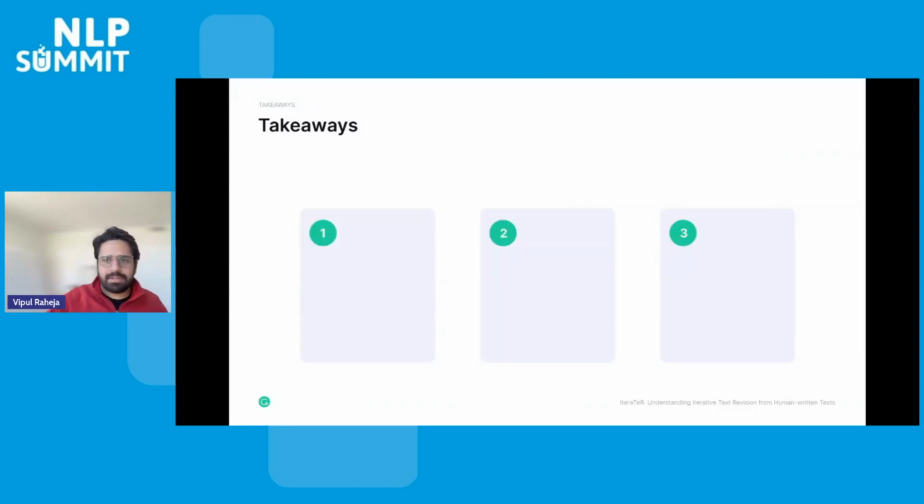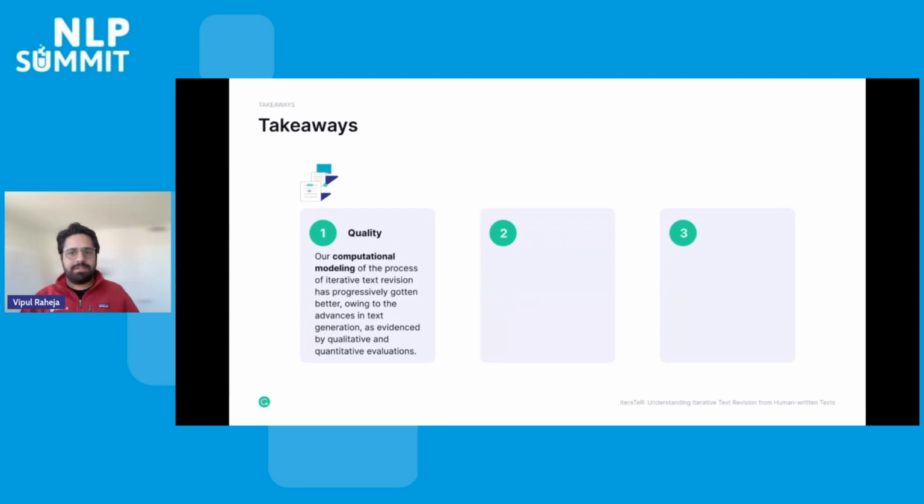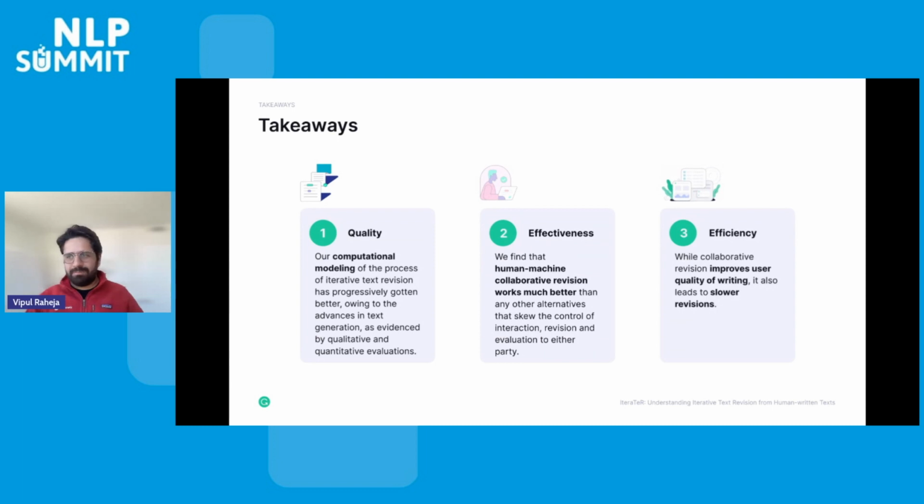So to summarize, our proposed systems demonstrate improvements in terms of quality, effectiveness, and efficiency of writing assistance, which are the 3 pillars by which we evaluate the progress that we're making in providing more effective writing assistance. Our computational modeling of the process of iterative text revision has progressively gotten better, owing to the advances in text generation and large language models, as we saw in the evaluations.